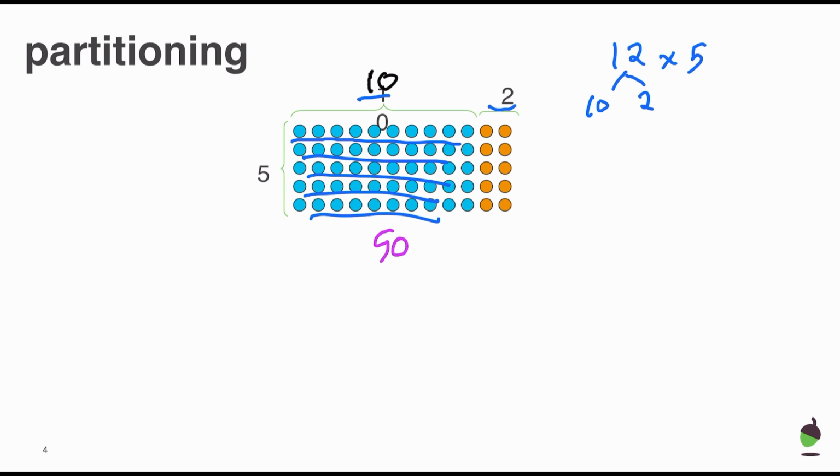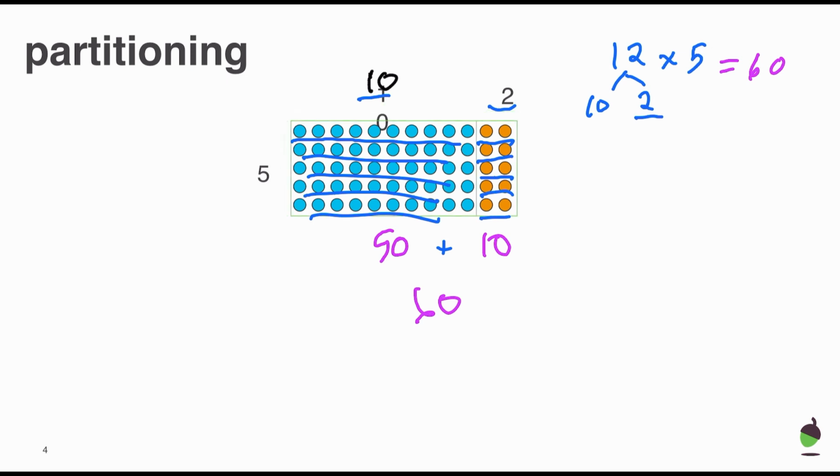And then we also repeated 2 units 5 times. So we have 2, 4, 6, 8, 10. And then the last thing we need to do is just what? Put this together. 50 plus 10 is equals to 60. So we can say 12 times 5 is equals to 60. This is what's really happening when we're multiplying.